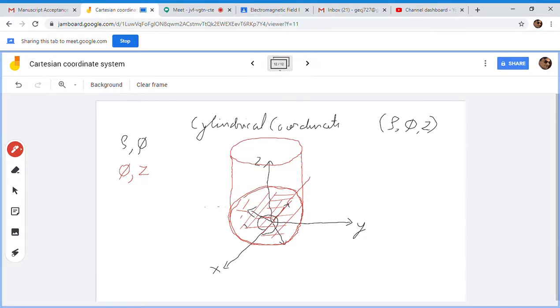So you are covering the whole curved part along z, and you get a cylindrical curved surface, just like a paper. If you roll the paper into a cylinder, then that surface has the dimensions phi and z.